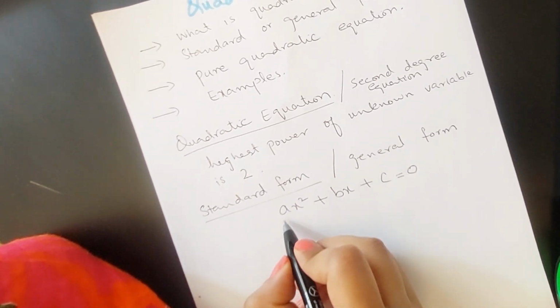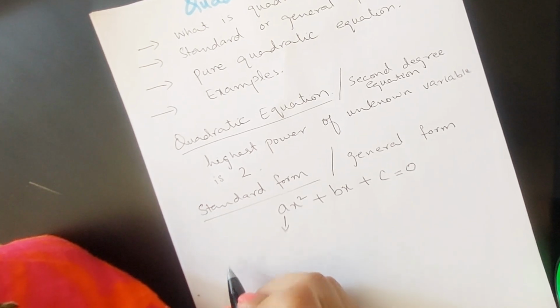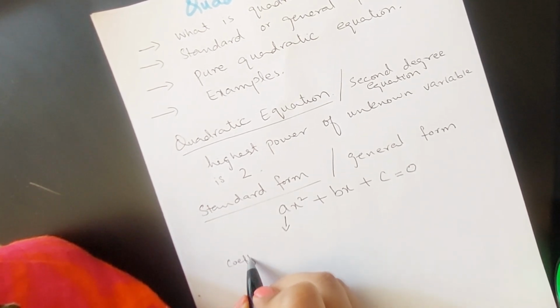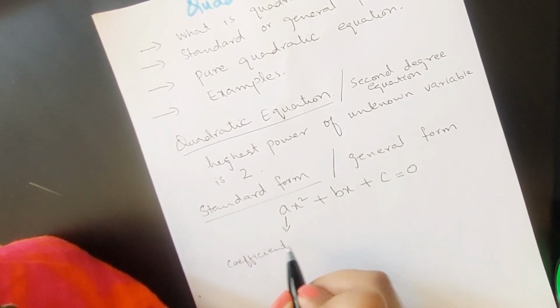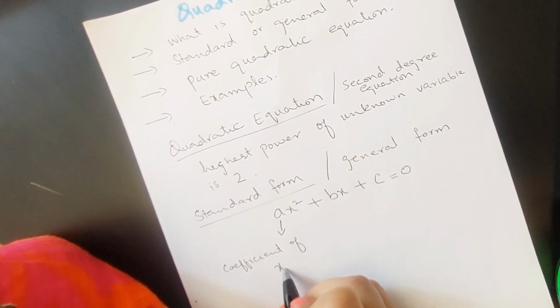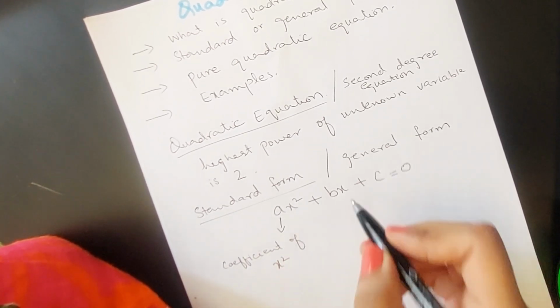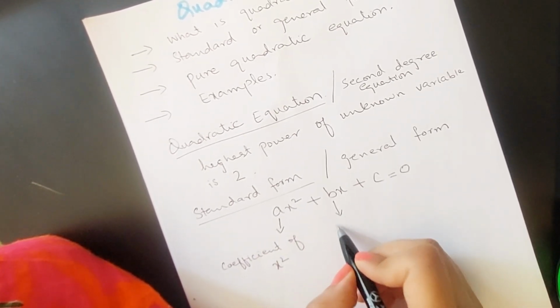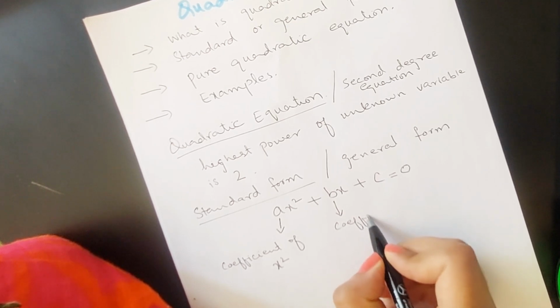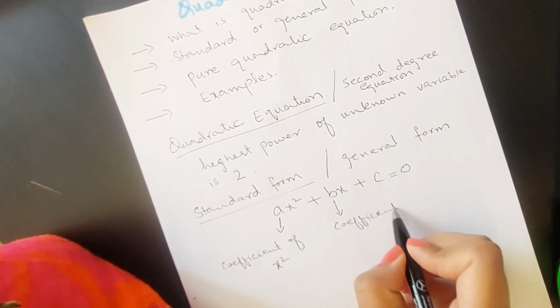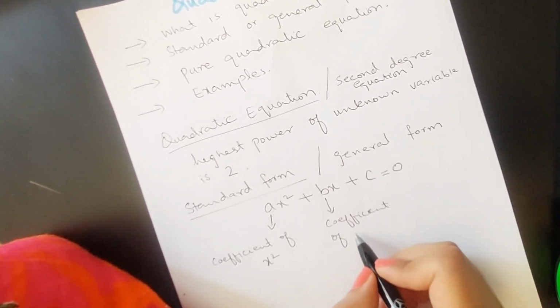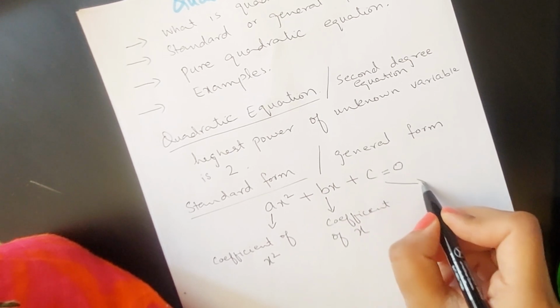Now I will tell you what is a. A is the coefficient of x square, right? And what is b? B is the coefficient of x. And what is c?